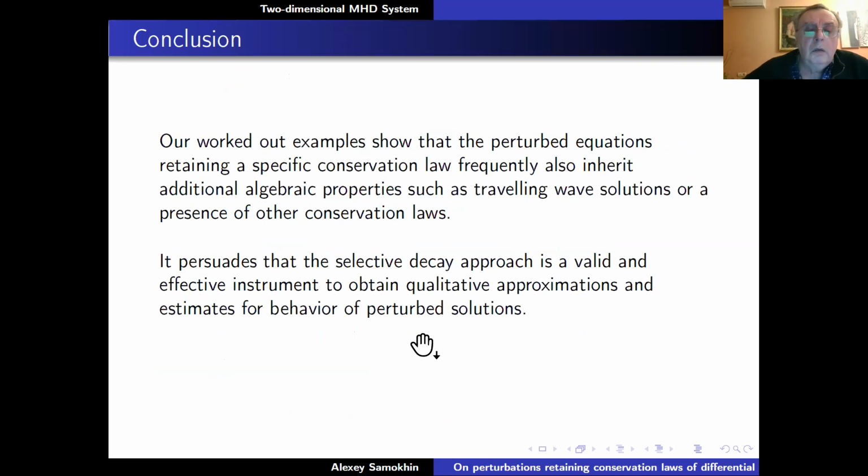Well, about conclusion. These nice pictures and videos which I demonstrated show that perturbed equations usually inherit not only the retained quantity, but some other algebraic property of transformed equations.